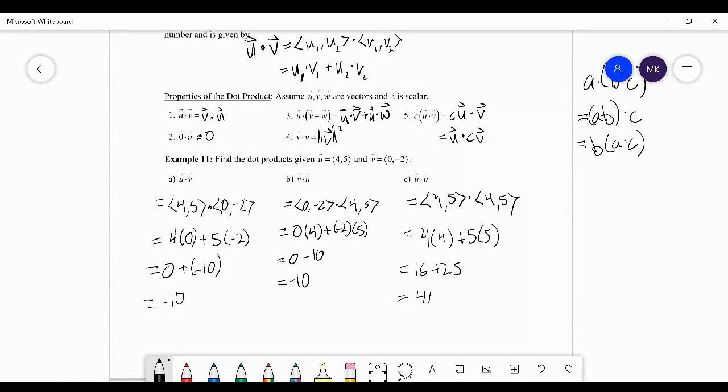Now, let's find what is the magnitude of the vector u. Well, that's the square root of 4 squared plus 5 squared. And we can see right there, we have 4 times 4 and 5 times 5 over here, but we don't have the square root. How do you get rid of a square root? You square it. And that's why if we dot a vector with itself, it's equal to the magnitude squared. Okay?